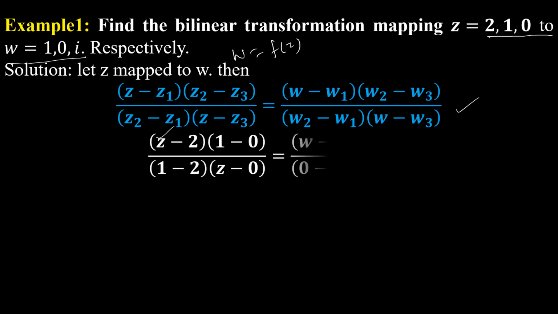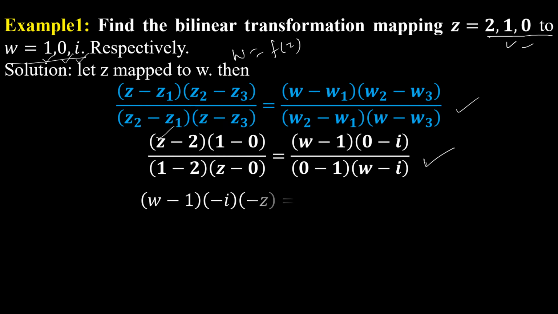Now we put in all the values. Z1 is 2, Z2 is 1 and Z3 is 0. In the same way, W1 is 1, W2 is 0 and W3 is i. By putting all the values of Z1, Z2, Z3 and W1, W2, W3, we get this initial expression.